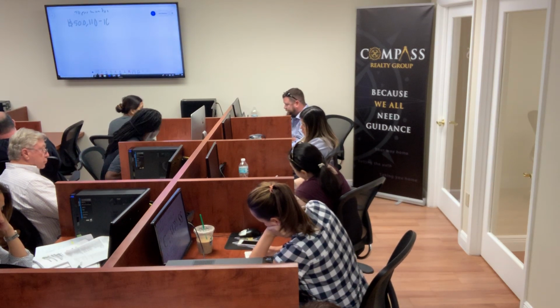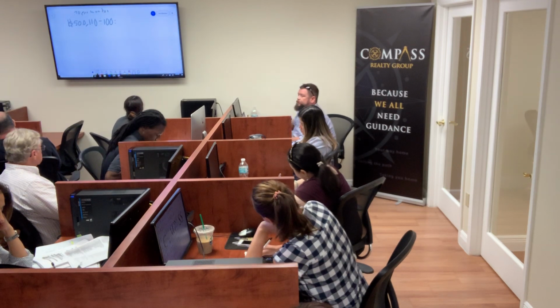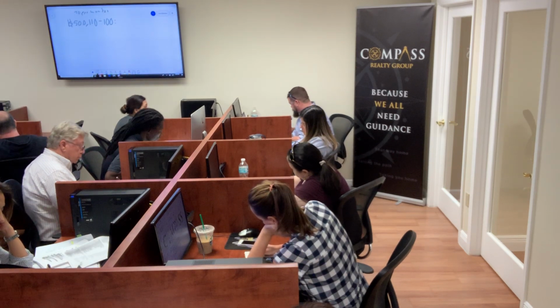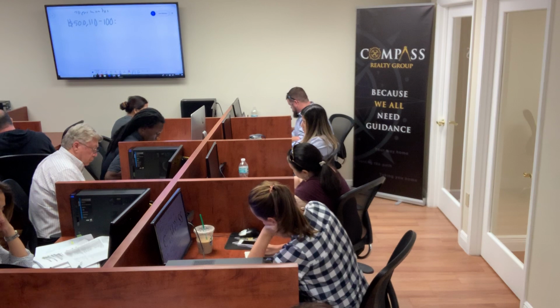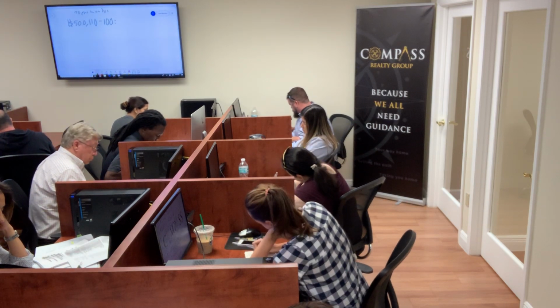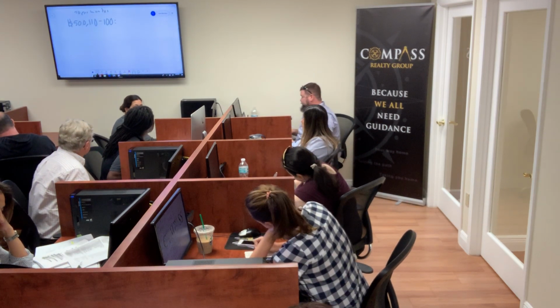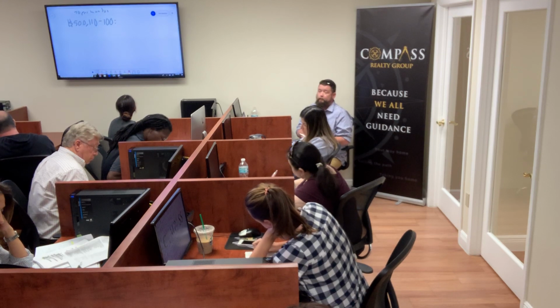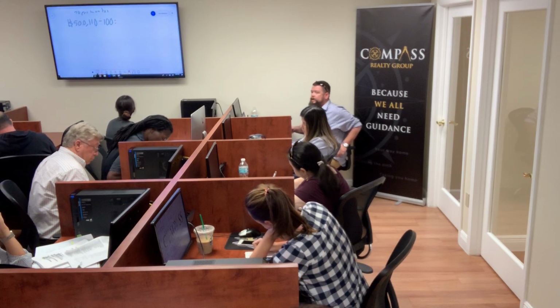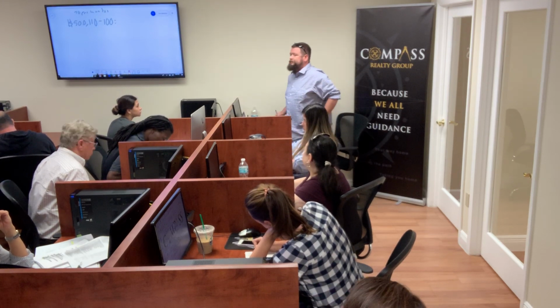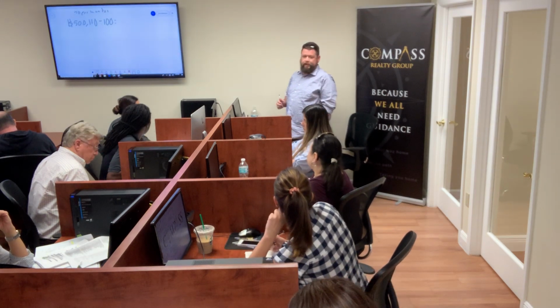The correct way of doing it is dividing it by 100, 70 cents per $100. What does that give you? 5,001.1, right?